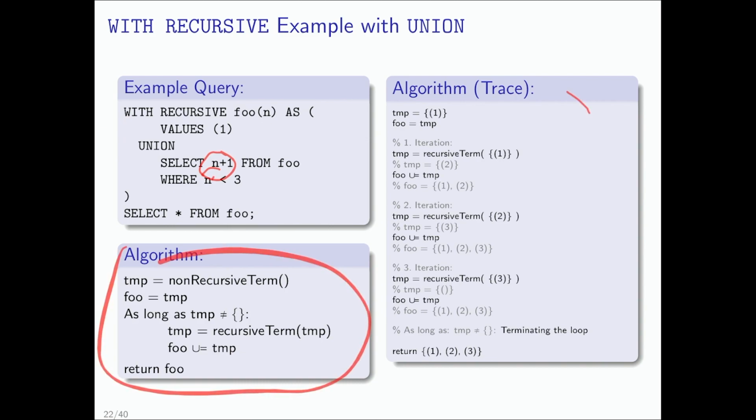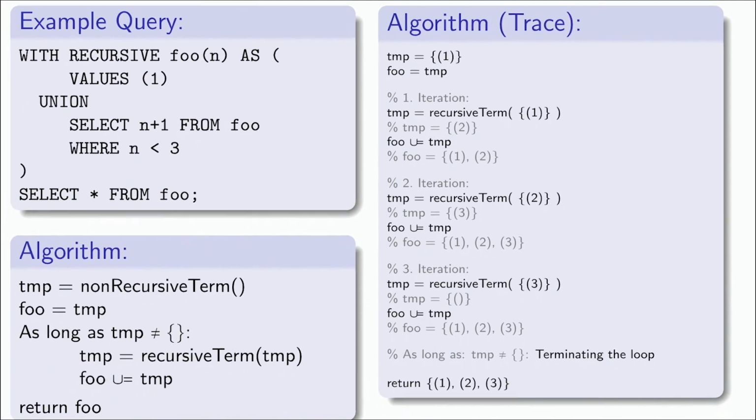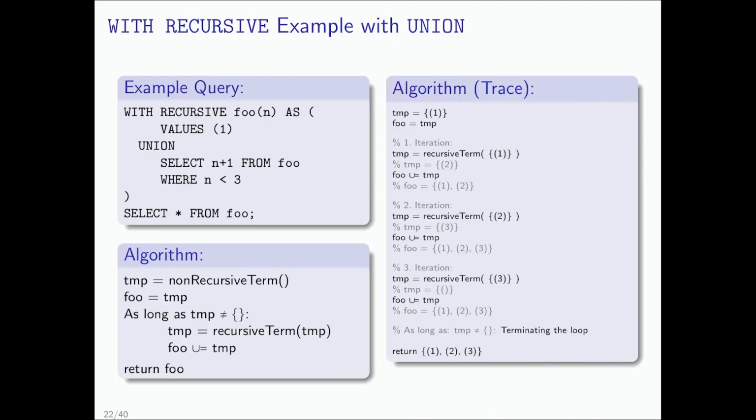And then you can look at the trace of what happens. This is how we start with this temp set. Now this recursive term is called with temp, that is 1. And what does the recursive term return?